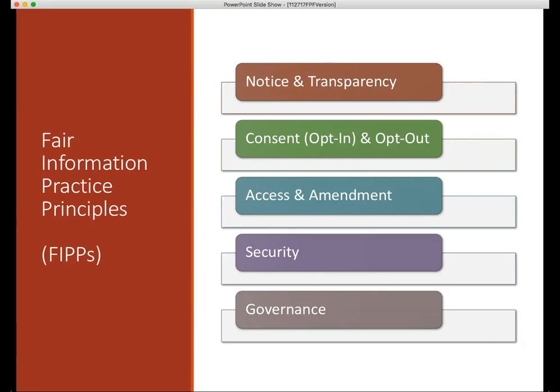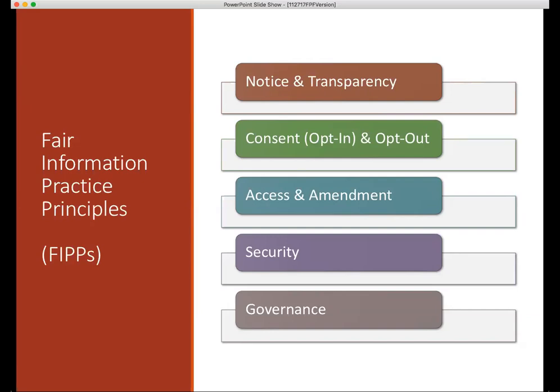The access and amendment part is that users should have the right to access the data about them and the opportunity to correct them or challenge them if they don't think they are accurate or relevant.